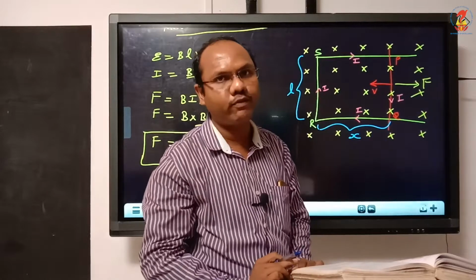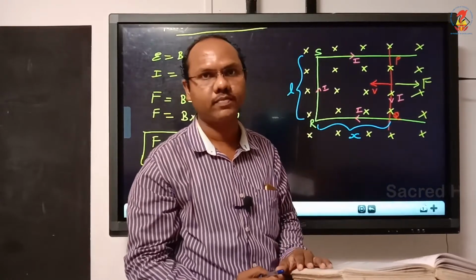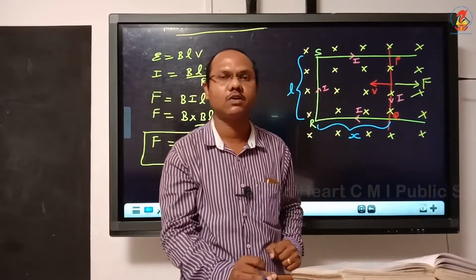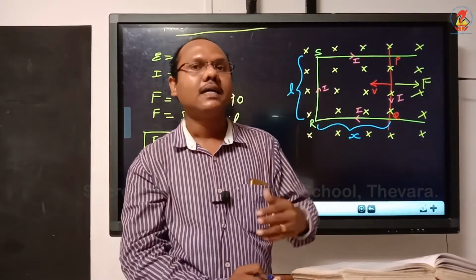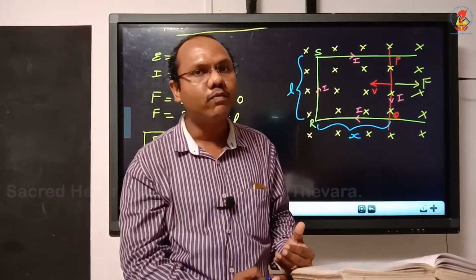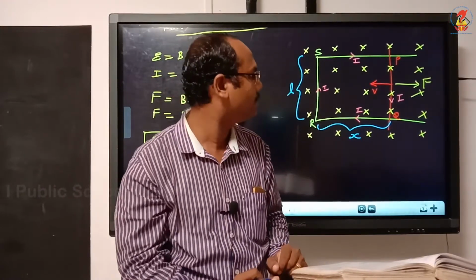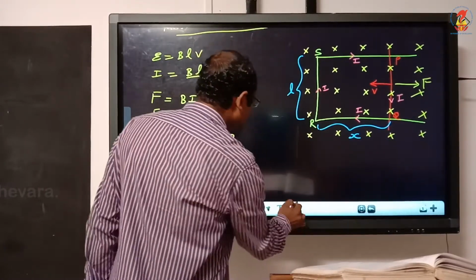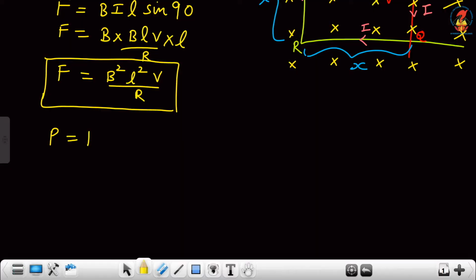Due to this force, the conductor would slow down and stop. Am I correct? Because the force is opposite to the direction of velocity. So obviously the conductor will slow down and stop. In order to move this conductor with the same velocity, some work has to be done by the external agency. And power required to do that work is given by P is equal to force into velocity.